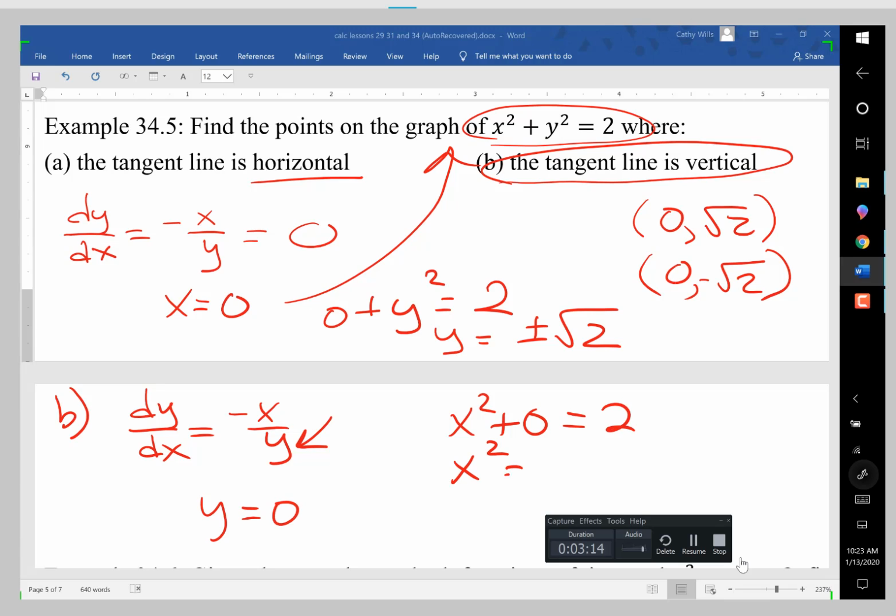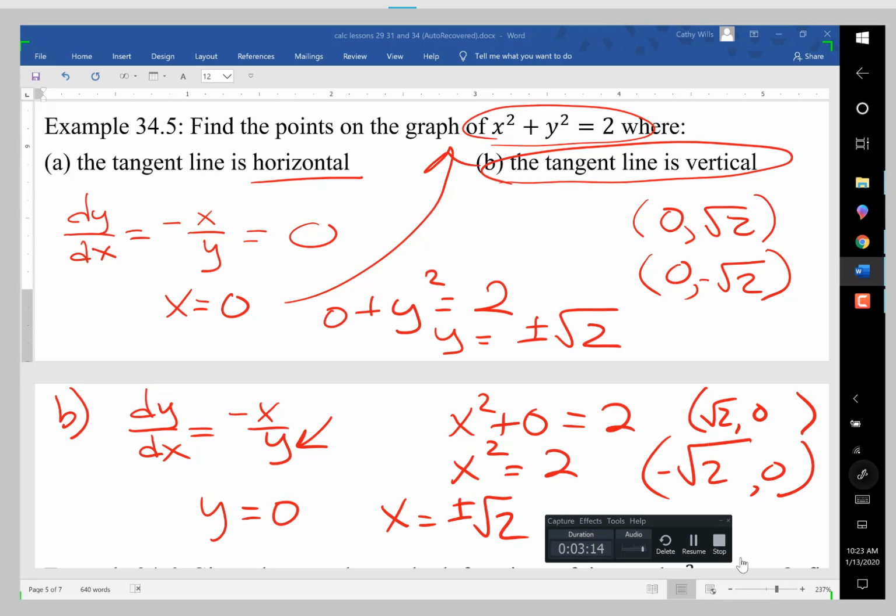So that means x squared is 2, which means that x must be plus or minus the square root of 2. And so the 2 points where the tangent lines to this circle are vertical are going to be (square root of 2, 0) and (negative square root of 2, 0). All right, so that was example 34.5.